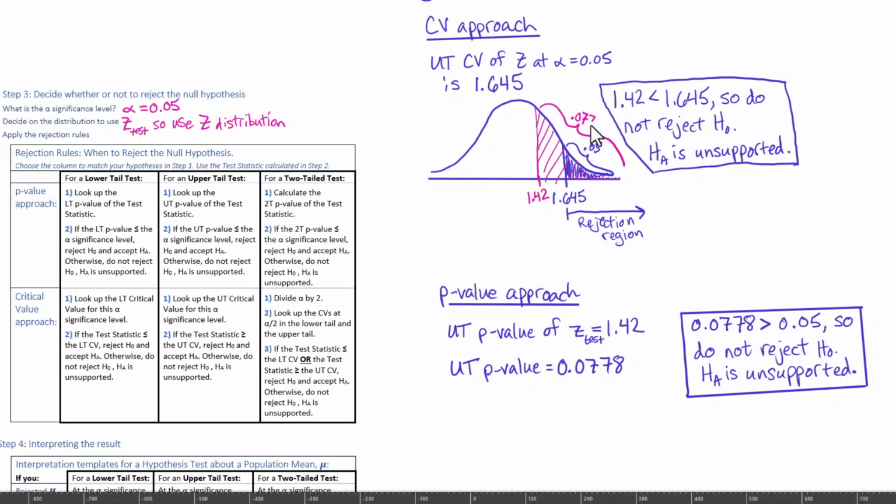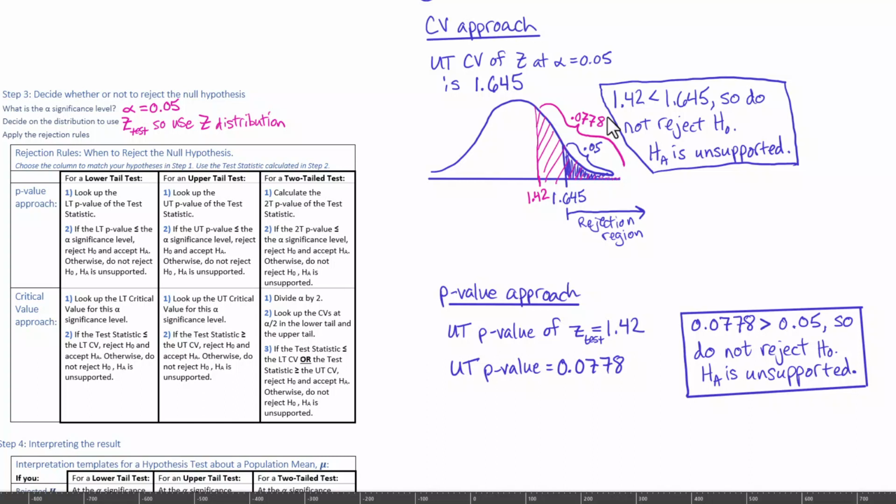So you can see from this visual that the p-value is greater than alpha, alpha being the purple shaded area, alpha being 0.05. And we can tell that visually because the pink striped area is larger than the purple shaded area. It encompasses the purple shaded area plus some more, so it's bigger.